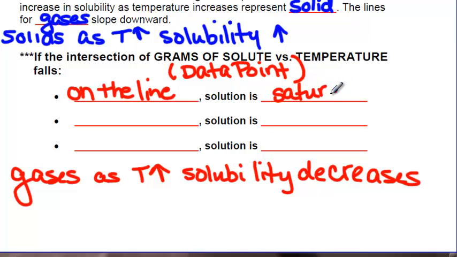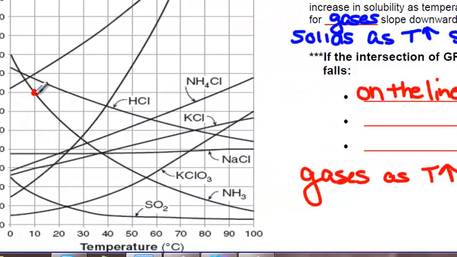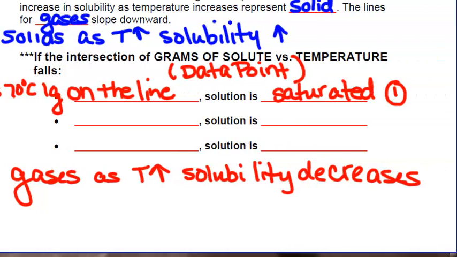So I'm going to give you an example of this. We're going to label this number 1. Let's pick this one right here: 10 degrees Celsius, 70 grams, and this is NH3. The data point is on the line, therefore it is a saturated solution.